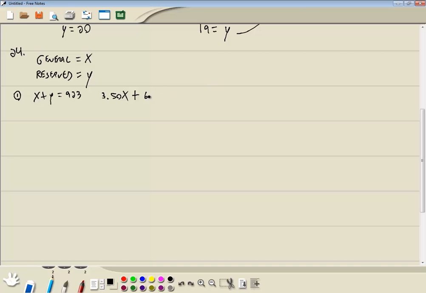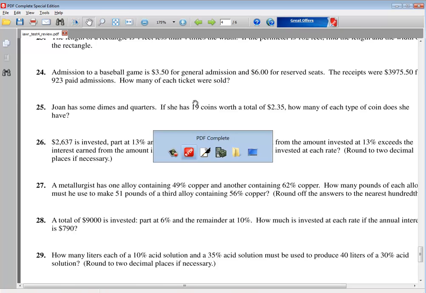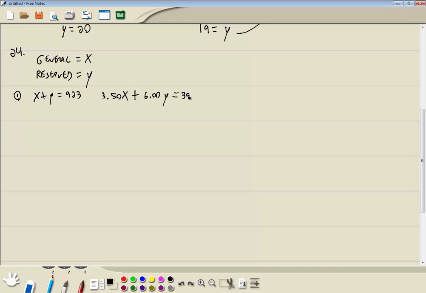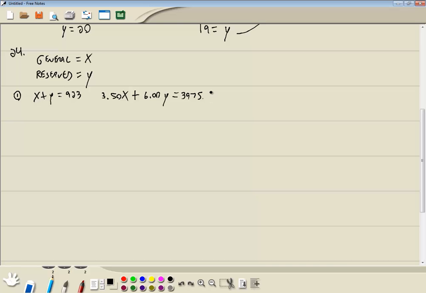$6 for reserved. So $6 times y gives me my total, $3,975.50. Well, I hate decimals. So if I move these all one decimal place, I can get rid of them. So that'd be 35x plus 60y equals 39,755.